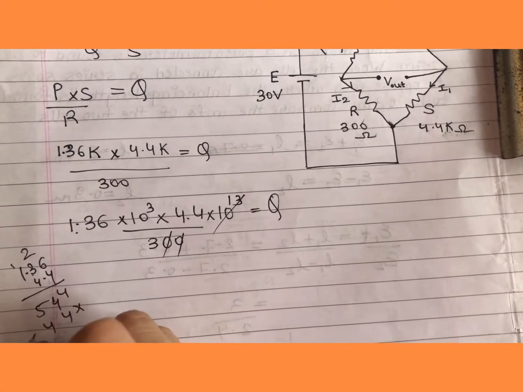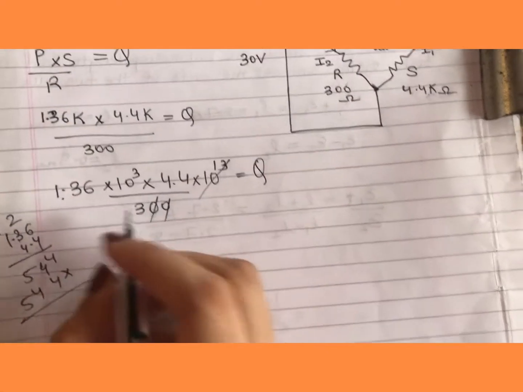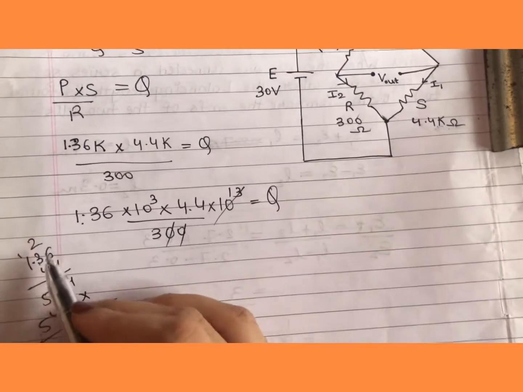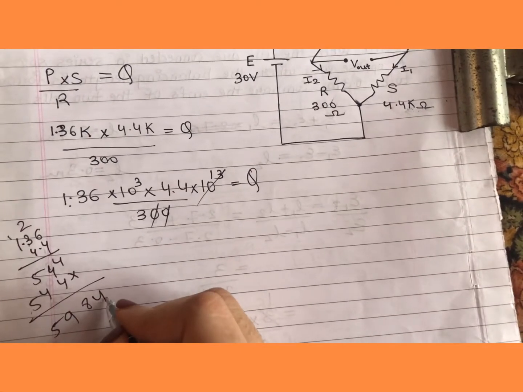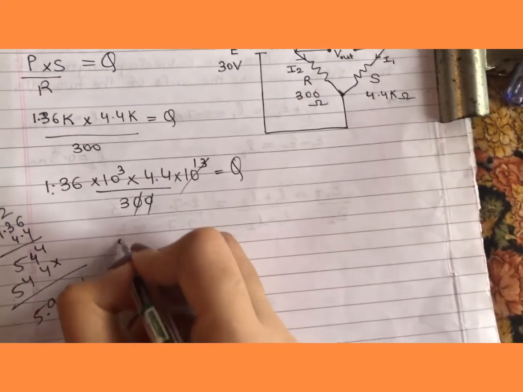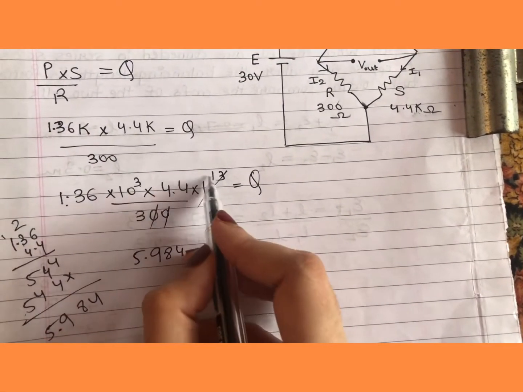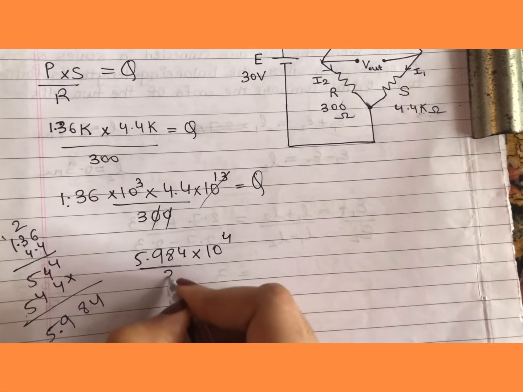So 4, 4, 5. Because we again have 4, so 4, 8, 9, 5. We have 3 digits after the point. So it will be 5.984 into 10 raised to 3 plus 1, upon 3, is equal to Q.